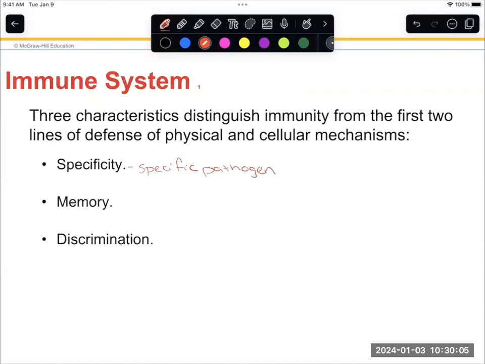The immunity to one pathogen does not grant immunity to others. This is very specific. That memory. So when exposure to that same pathogen occurs again, the immune system can fight it off quickly. So this is what remembers pathogens.